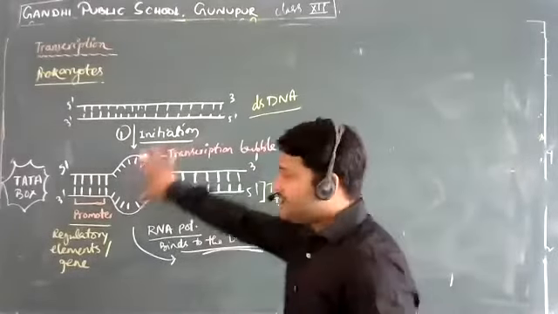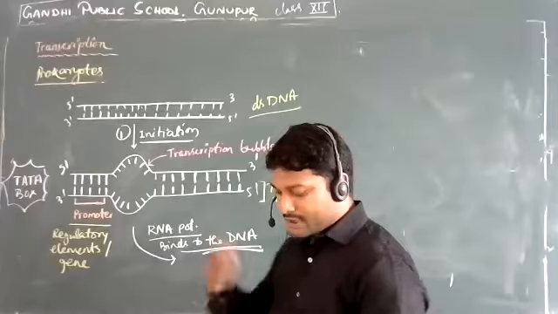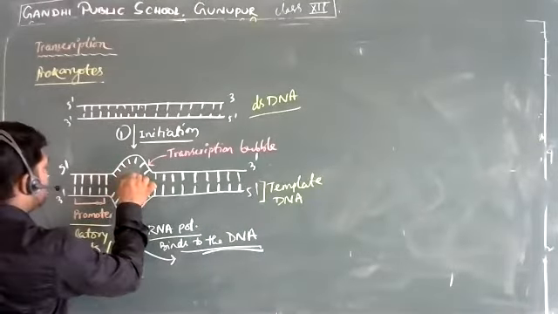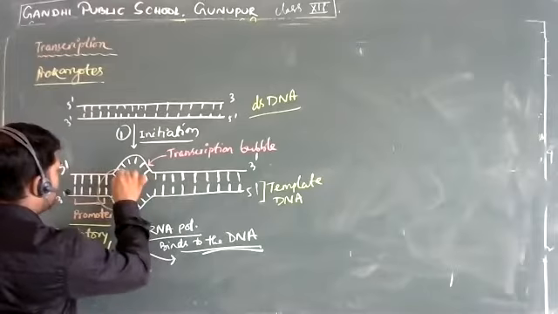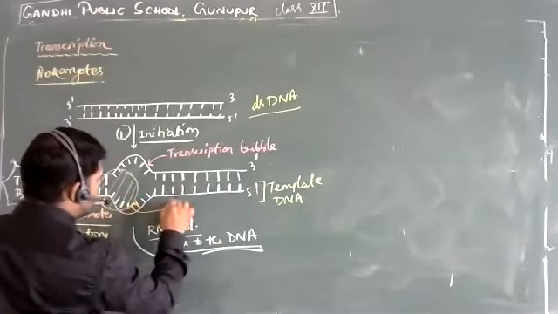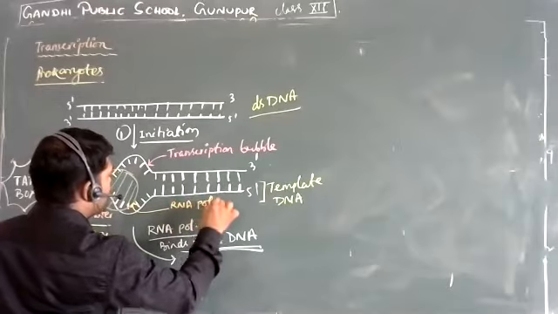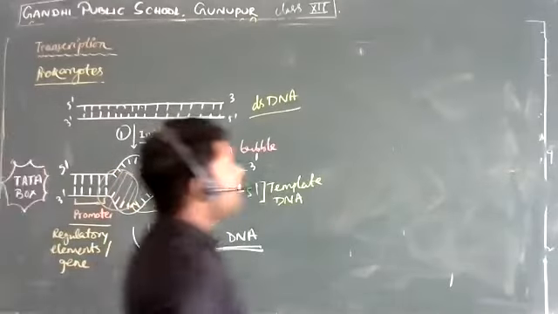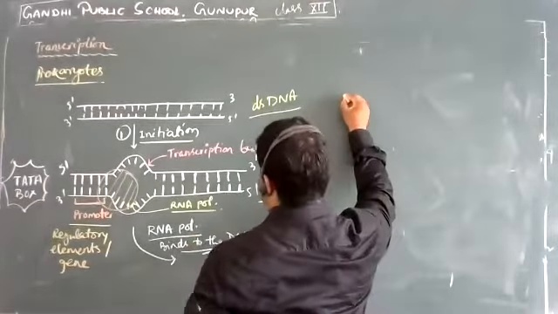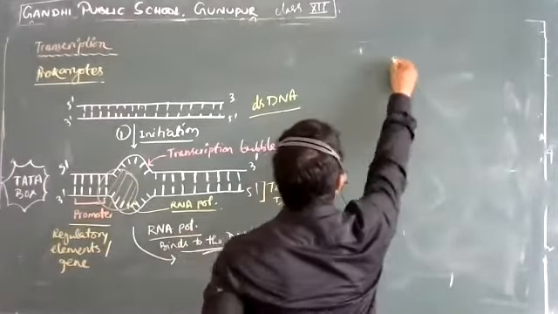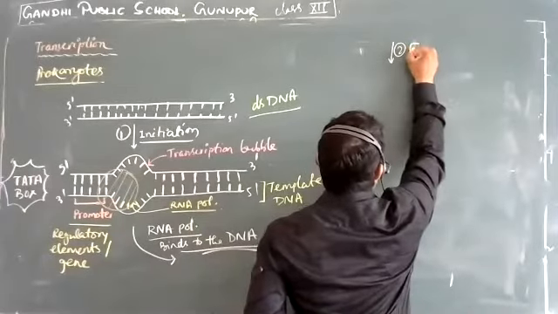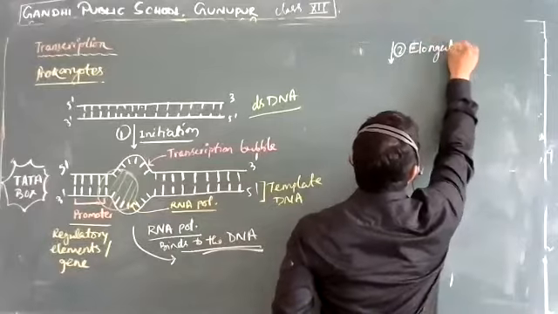Once the RNA polymerase is bound, it is going to start producing the new strand. Imagine your RNA polymerase is attached here. This is my RNA polymerase. Once it is bound, it starts producing the new strand. Polymerization, a very simple thing. So your step 1, then step 2 is going to be polymerization, or simply called elongation.